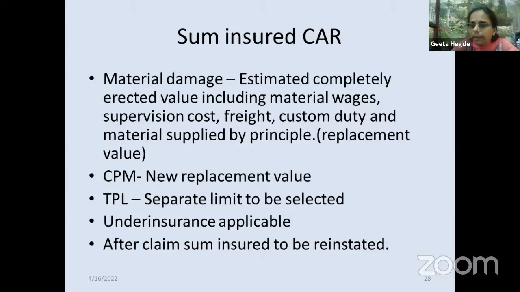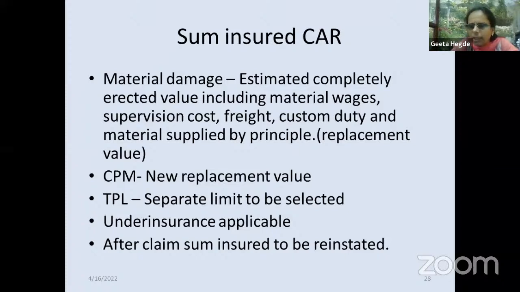Sometimes, like solar plant erection, the principal might supply the solar plants and ask the contractor to only erect. So the material supplied by the principal also has to be added in the sum insured, because loss can take place whether material is supplied by the principal or brought by the contractor.